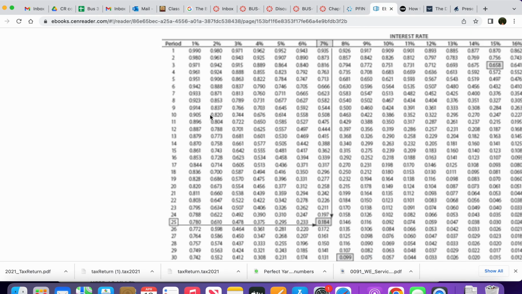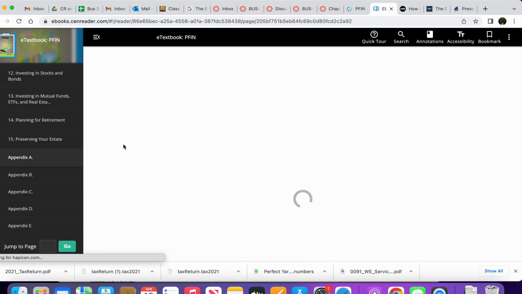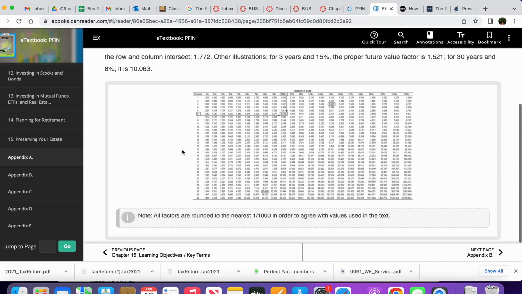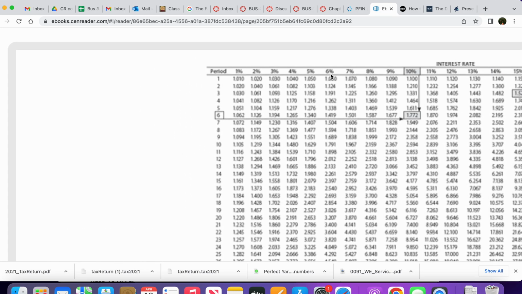So the way that I do that is I go into our future value tables, which are in Appendix A of our text. And I might take a look and say, okay, well, at a 6% rate of interest versus 5 or 7 or 8 or 9, in 18 years, I'm going to have a future value factor of 2.854.